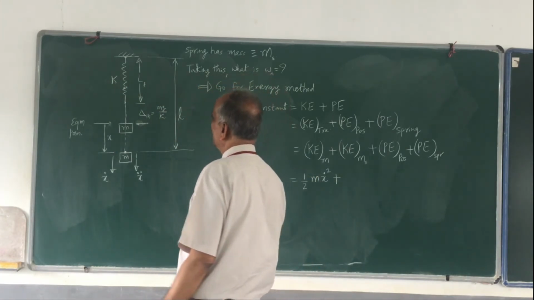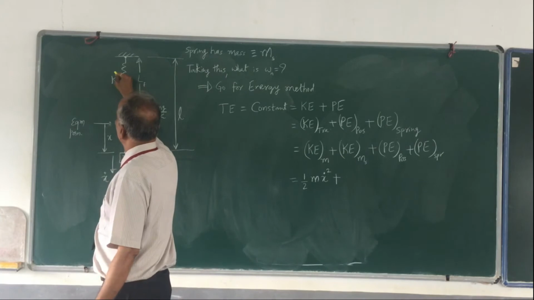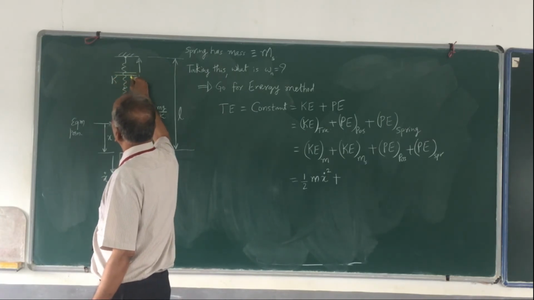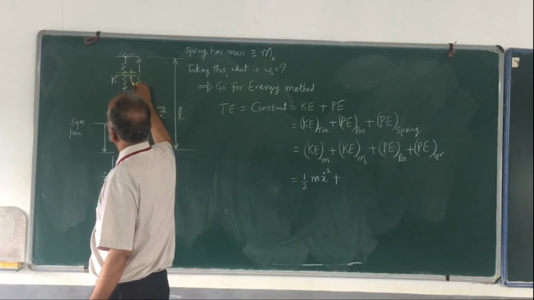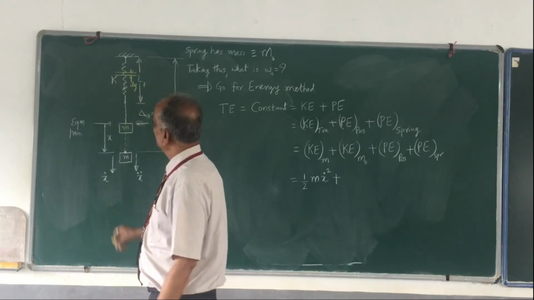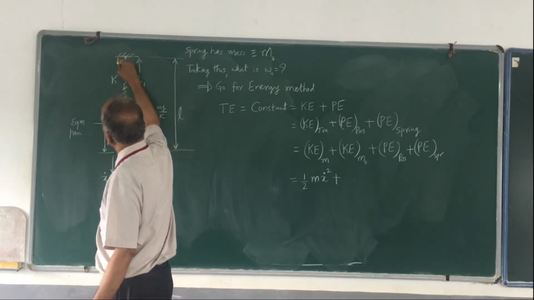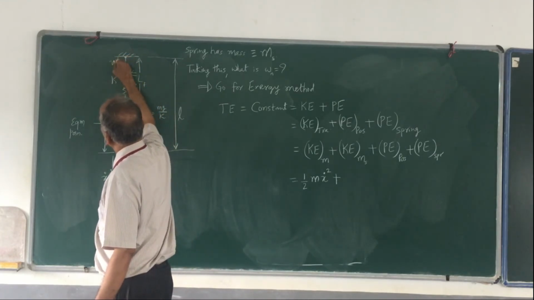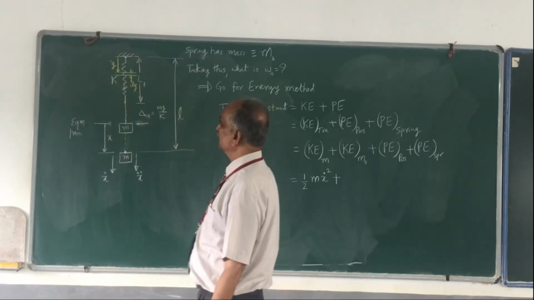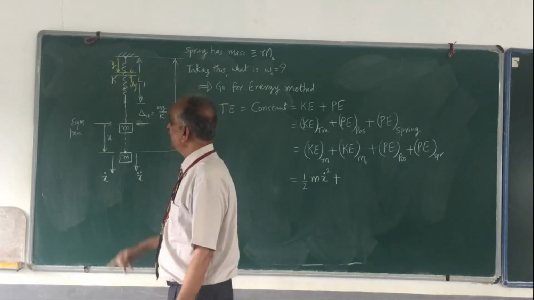So what I do is consider a small element of length dy. Let me call this dy. This is at a distance y. What is the smallest distance of y?